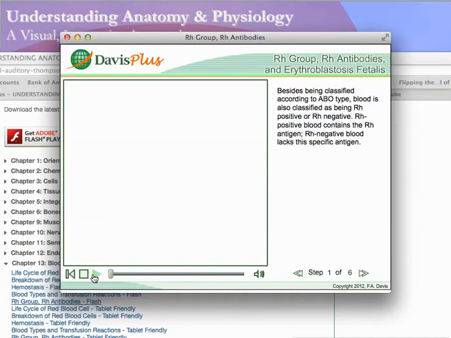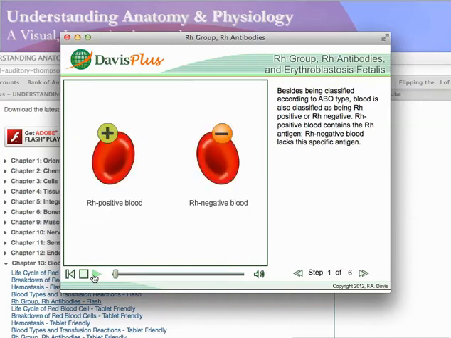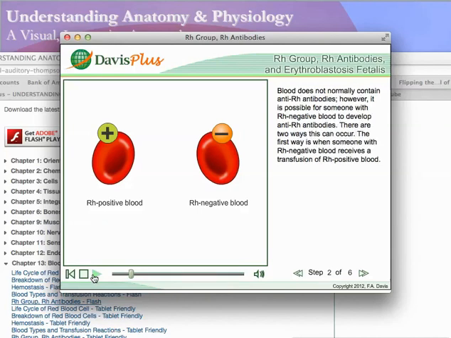Besides being classified according to A, B, O type, blood is also classified as being Rh positive or Rh negative. Rh positive blood contains the Rh antigen. Rh negative blood lacks this specific antigen. Blood does not normally contain anti-Rh antibodies.